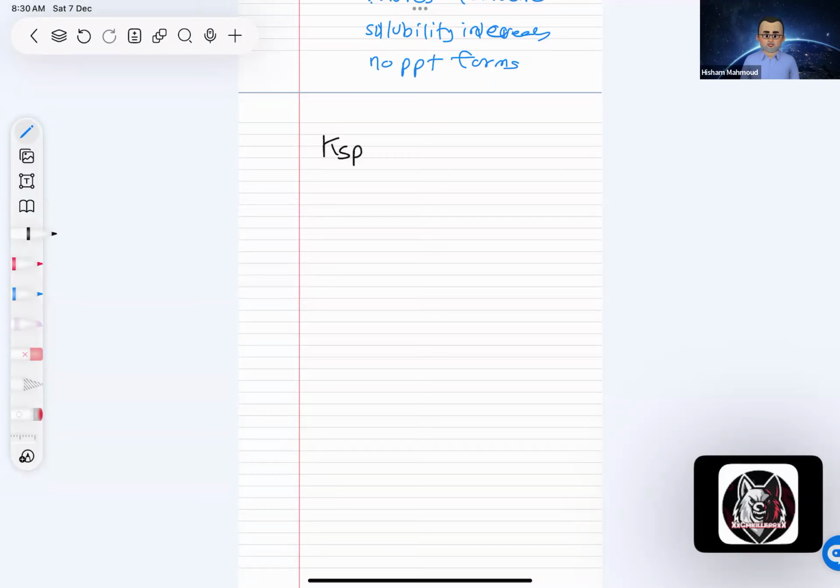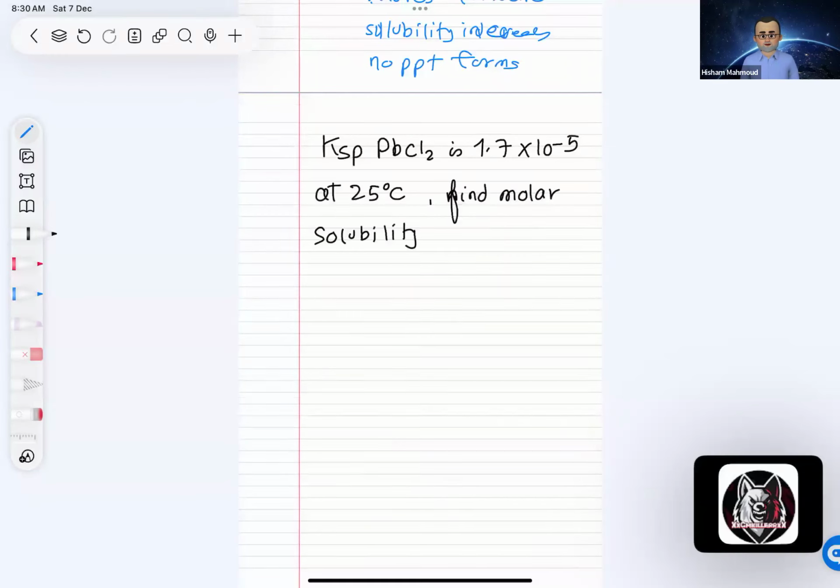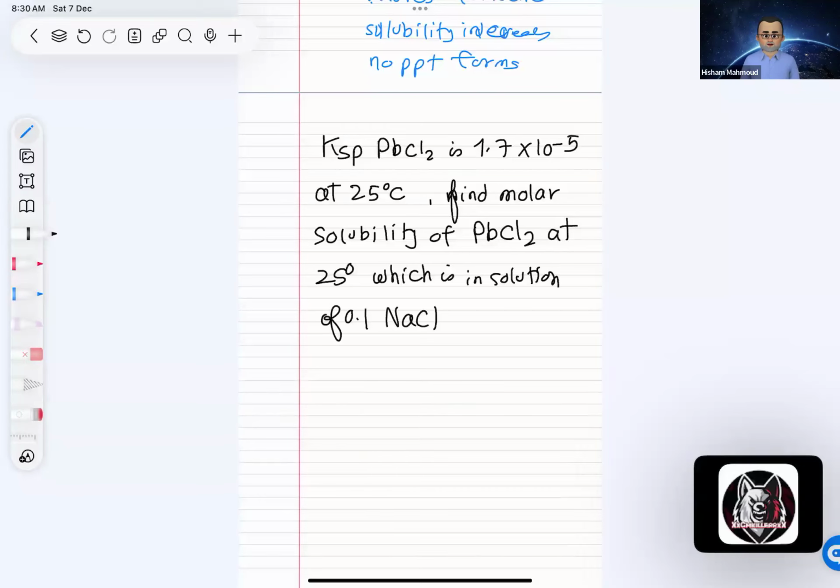I have KSP of lead chloride is 1.7 multiplied by 10 to the power negative 5 at 25 degrees. Find the molar solubility of lead chloride at 25 degrees, which is in solution of NaCl whose concentration is 0.1.